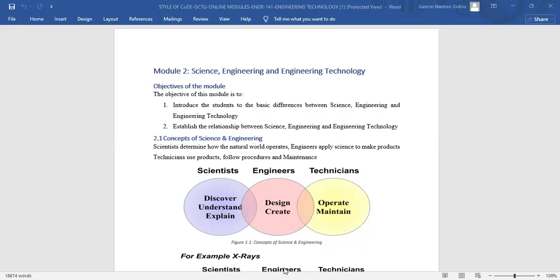Then we consider engineering. Engineering applies science to make products. So engineering would depend on science to come up with something that is artificial, that is human made. That brings about engineering.